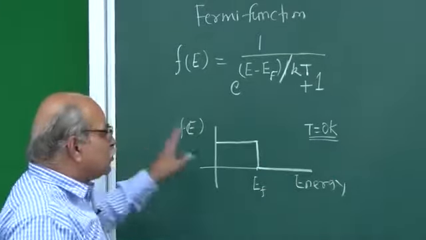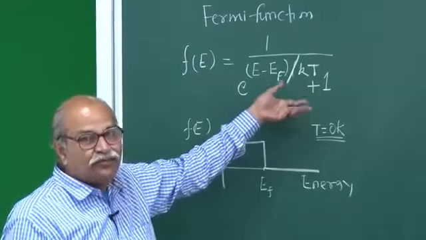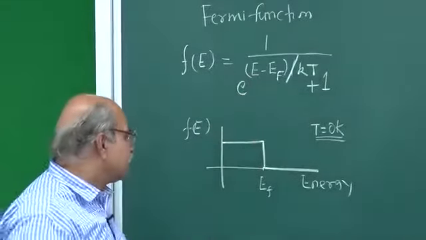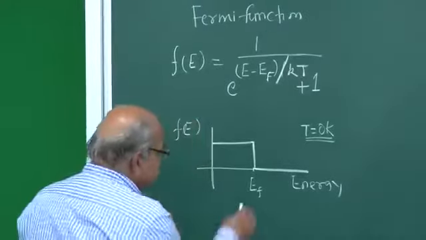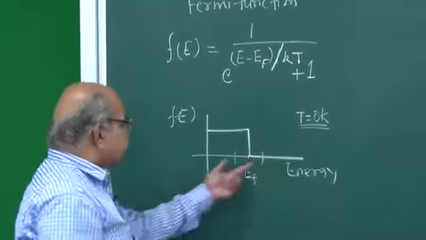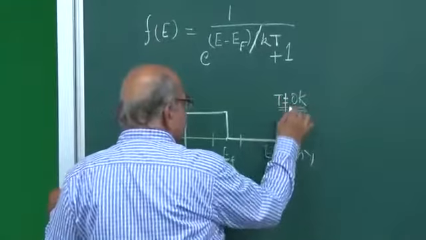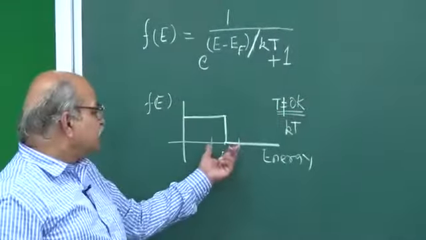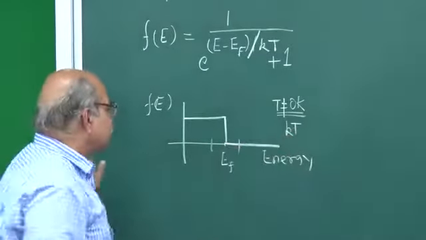What happens if you go to a higher temperature, say 300 K, room temperature, or some other temperature? Then this function is definitely changed, but the change is in a very small region close to EF, say a few kTs. If T is not equal to 0, you have to see how much kT is on this scale, and only within this order of energy width do things change.